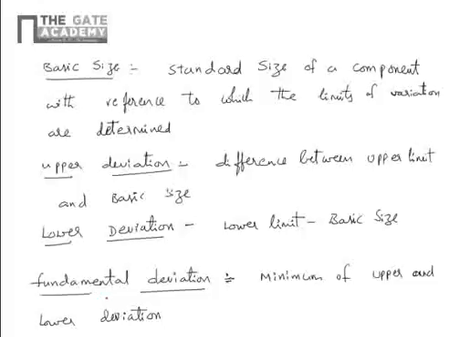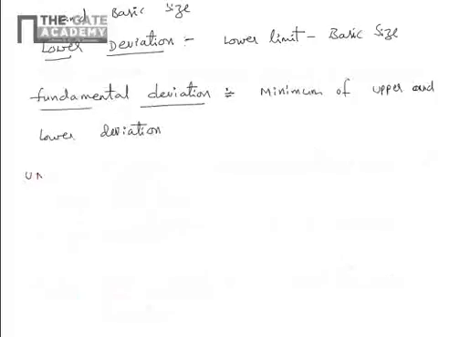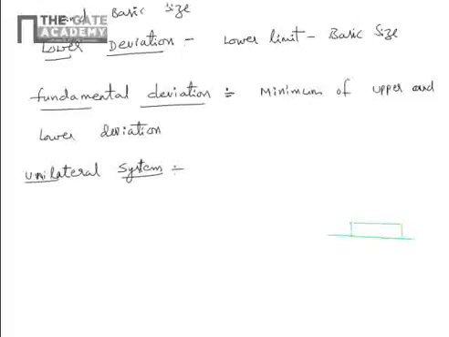Next topic is unilateral system. The dimension of a part is allowed to vary only on one side of the basic size, then it is called unilateral system. So this is the basic size line.